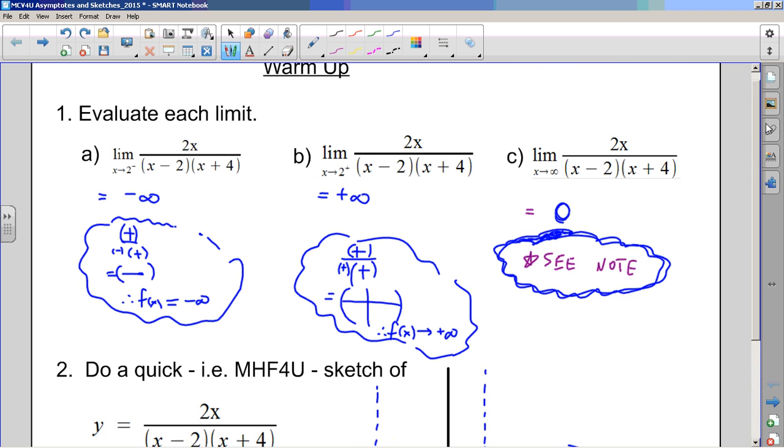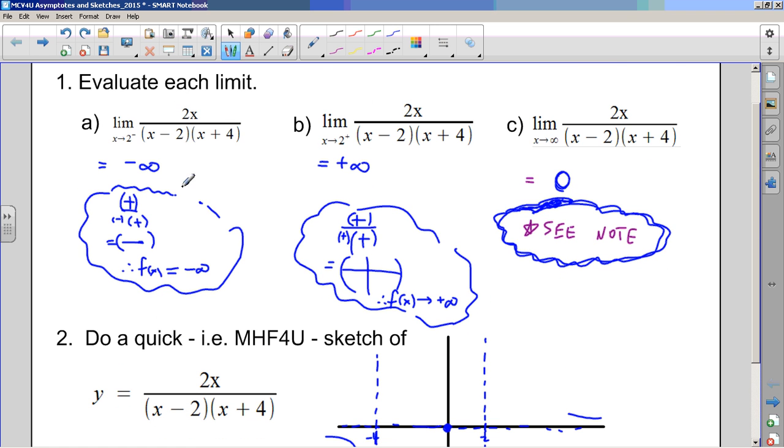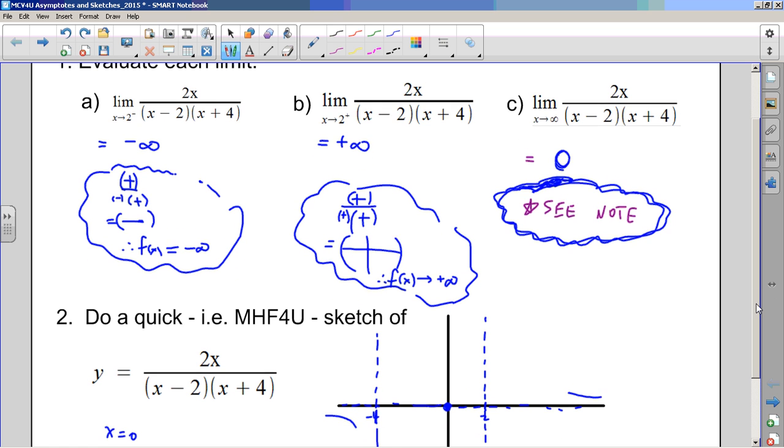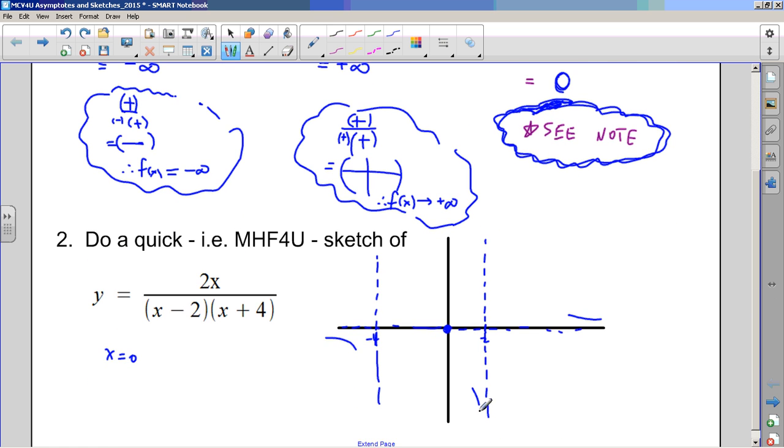But let's add these things. We analyze the behavior near the vertical asymptote of 2. So on the left, it goes to -infinity. On the right, it goes to +infinity. I think I can see what's going on there. It looks like this is what's going to happen. Something like that.